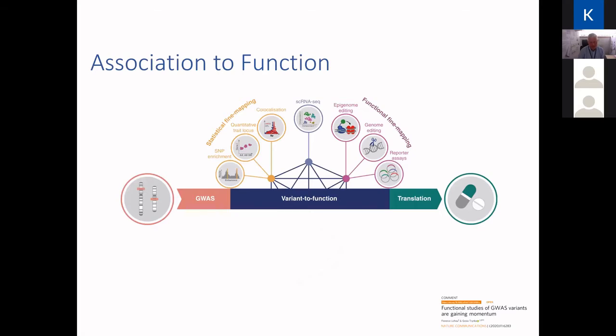So when doing these types of functional studies, what we're trying to do is to move from the GWAS signals through to understanding how the variants affect function. And then hopefully with that additional knowledge, we can then think about translational investigations. And what we do in our group is we do a variety of different analyses.